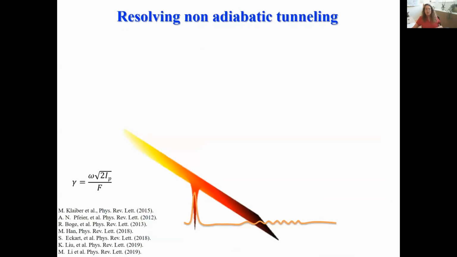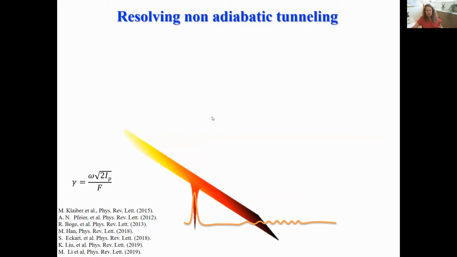And in order to demonstrate this idea, let me go back to the problem that we have started with, field-induced tunneling. So far, we have considered a relatively simple case where the electron tunnels through a static barrier, adiabatic tunneling, where the barrier is dictated by the instantaneous value of the laser field.